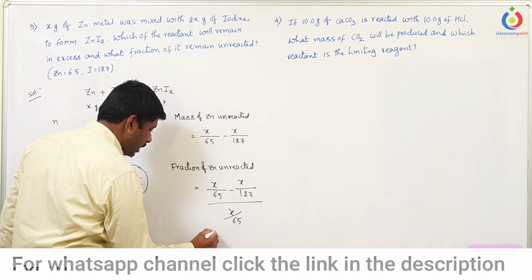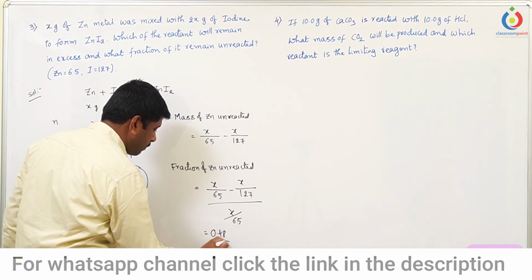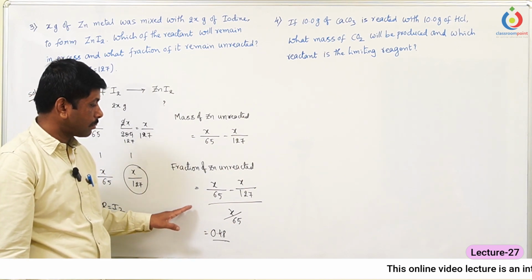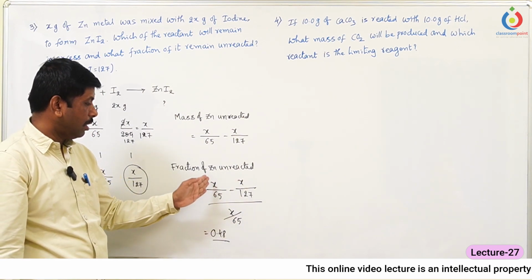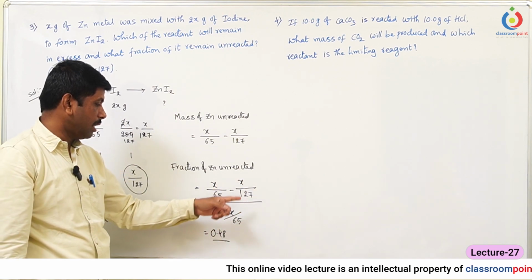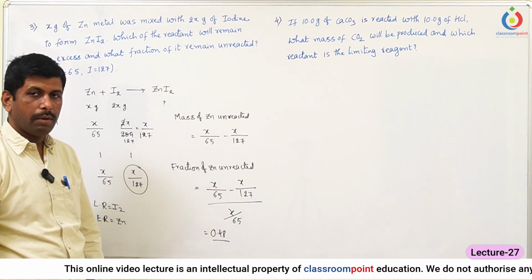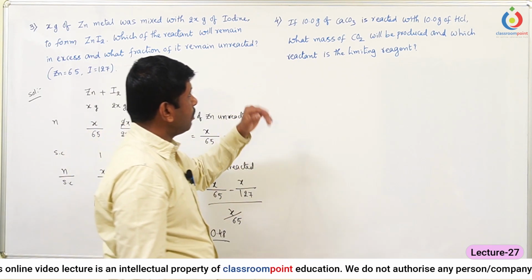By solving this we get the 0.48 fraction. This much of the zinc is not reacted. So these mean number of moles reacted, the remaining is unreacted number of moles divided by total number of moles, we got the fraction. Now let us see one more reaction.